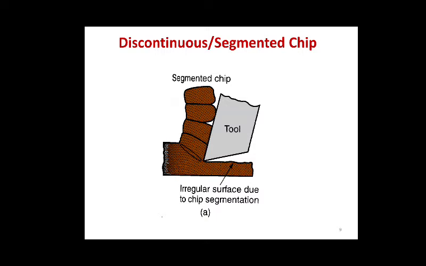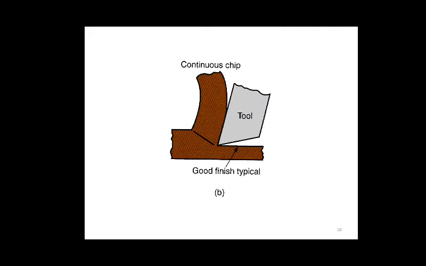Okay, so here tool and chip friction is high. And here, after chip formation, an irregular surface is there due to chip segmentation. Okay, so next we are going to see the continuous chip.